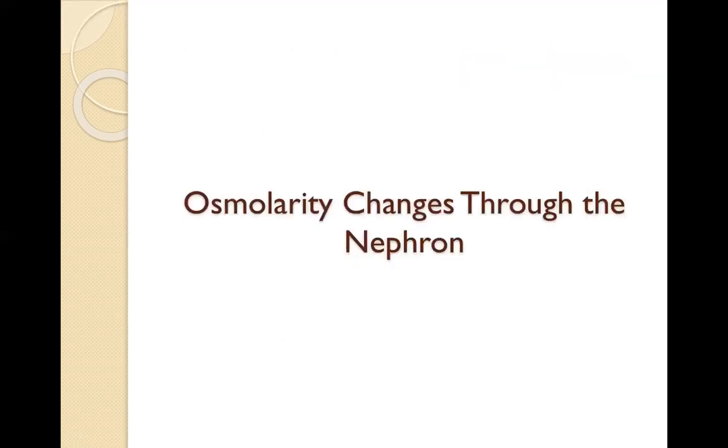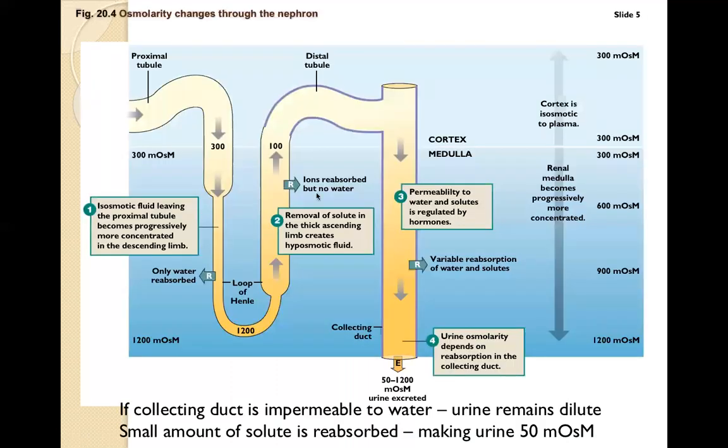So we're going to look at the osmolarity of the filtrate as it passes through the various areas of the nephron. If we start off at the renal corpuscle, imagine that there's a renal corpuscle here.